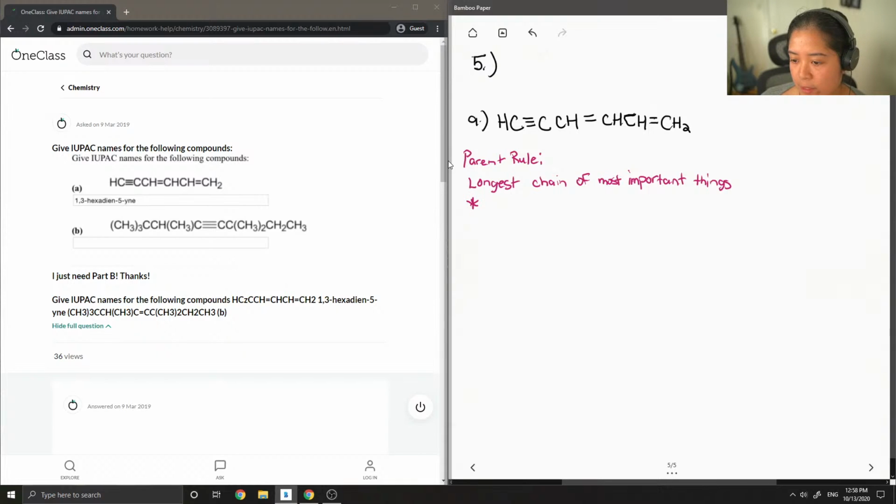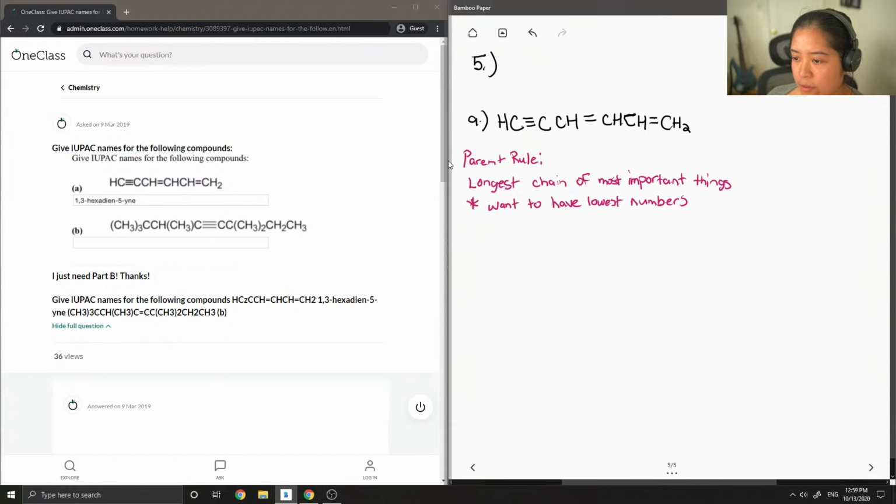And also when you want to name the carbons, you want to have the lowest amount of numbers possible. So this will make more sense once I try to name this compound. Okay, so let's look at this structure.